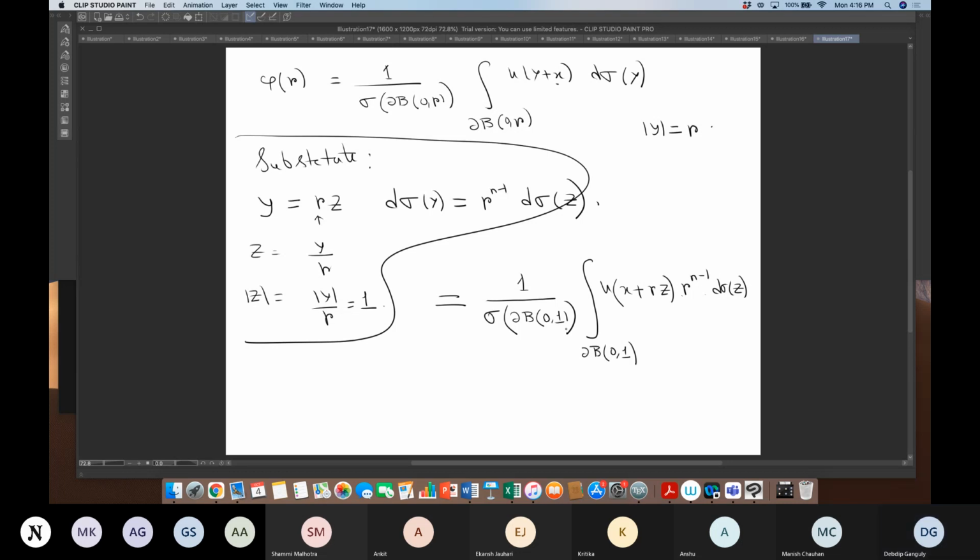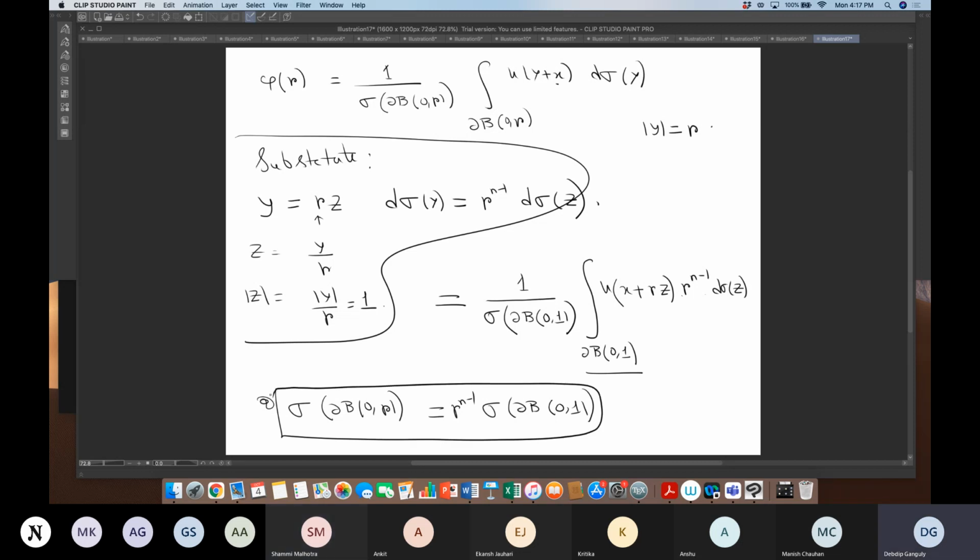Oh, sorry. What will be this? Something is missing. This is integral over del B(0,1). So 1 by sigma of del B(0,1) is, what is the relation between sigma of del B(0,r) to sigma of del B(0,1)? There is some factor missing. What is that? Scaling, man.